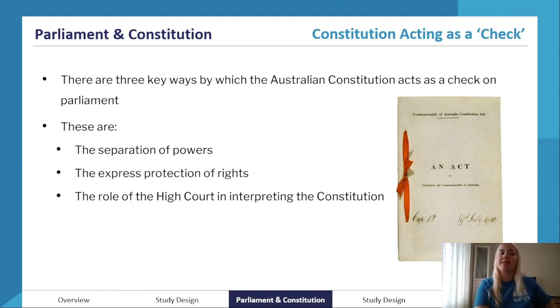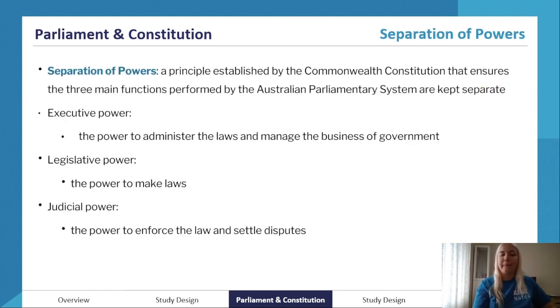So these three ways are the separation of powers, not to be confused with the division of powers, which is what we just looked at, the express protection of rights, and the role of the High Court in interpreting the Constitution. So let's look at each one.